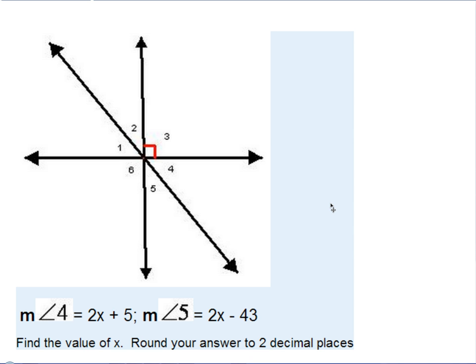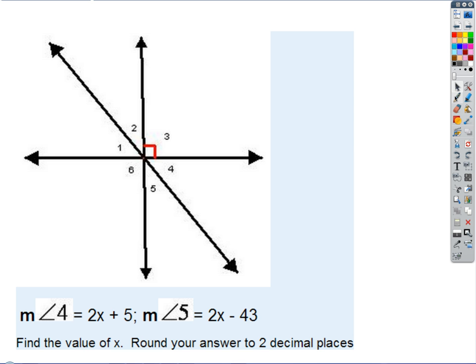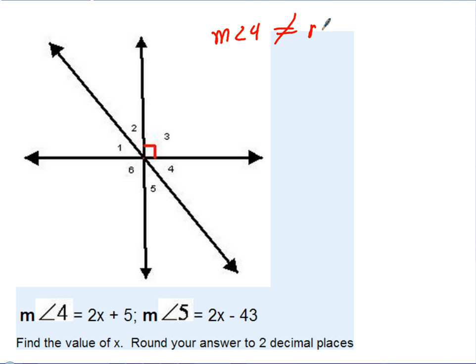No, unless we're told that on the picture, it doesn't mean a thing, because that is not necessarily drawn to scale at all, right? So that's not our equation. We're not going to say the measure of angle 4 is equal to the measure of angle 5. That's wrong. What am I doing instead? What is the equation that I know is true here? Split.